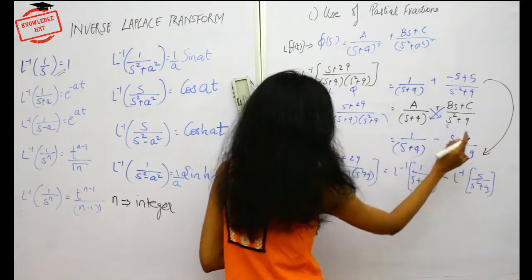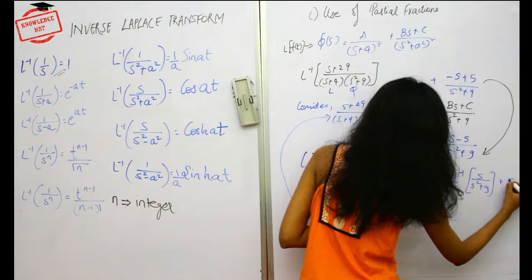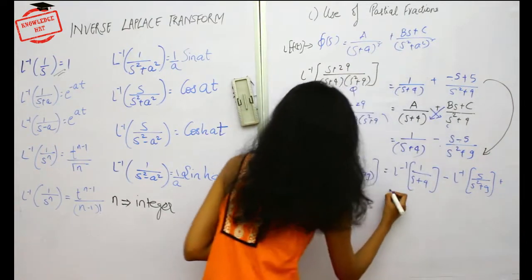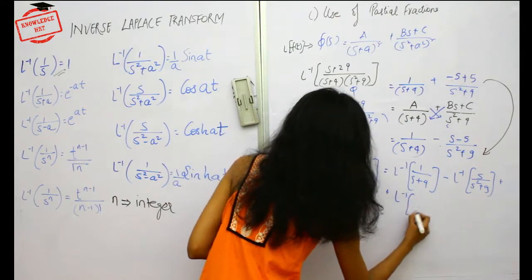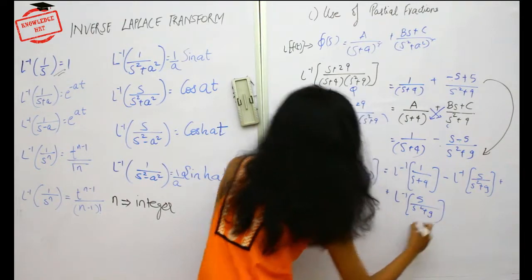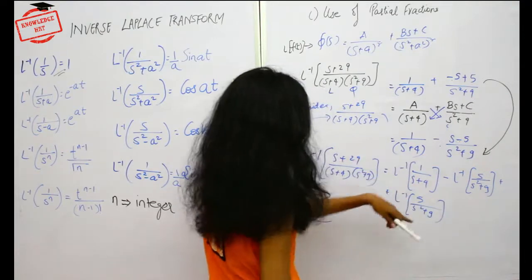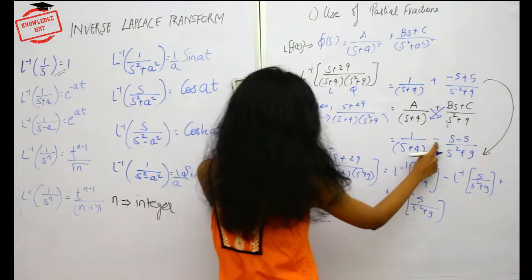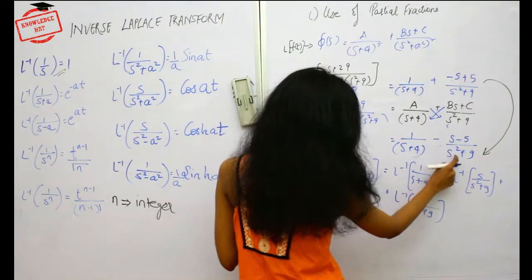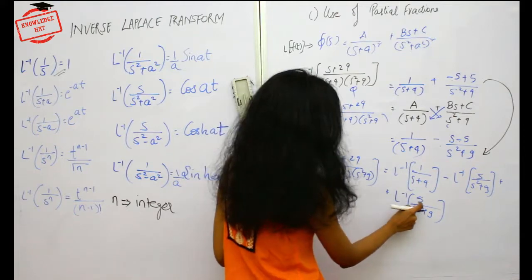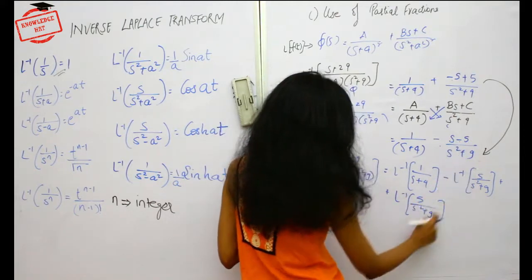This minus and this minus again will be plus, so plus Laplace inverse of 5 upon S square plus 9. I just opened this up. So three terms: first term, Laplace inverse of 1 upon S plus 4, minus Laplace inverse of S upon S square plus 9, and minus into minus is nothing but plus Laplace inverse of 5 upon S square plus 9.